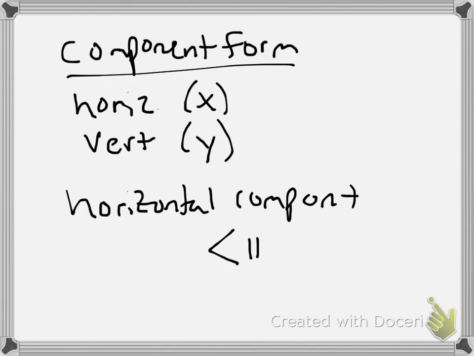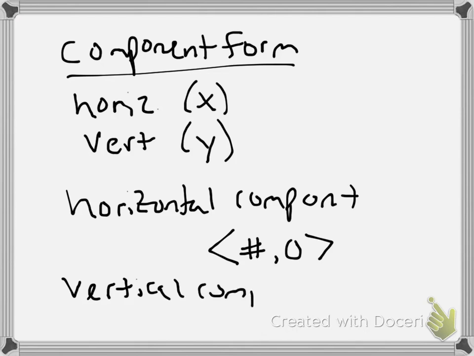So you're going to have a number here and then 0. It's basically how much you're moving to the right or to the left. If you're looking at a vertical component, you basically have 0 here, and then you're going to have your number to it. Okay.